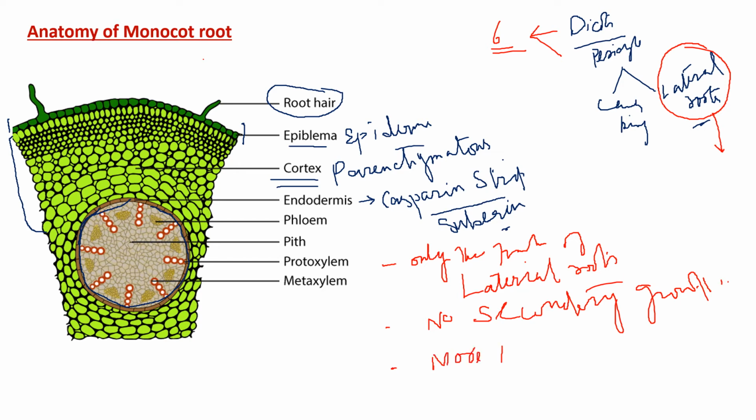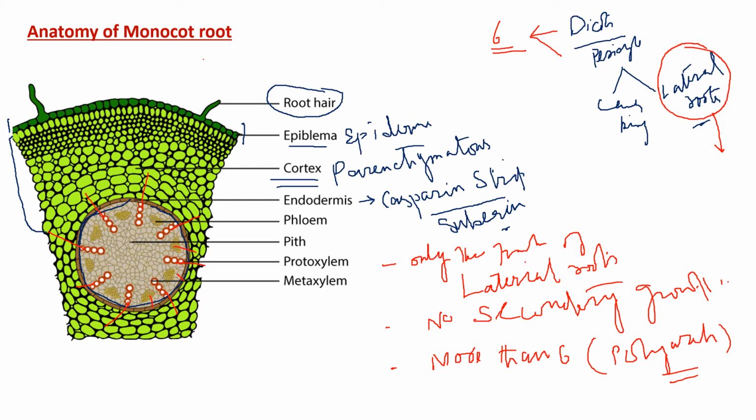In dicots, generally the number of xylem and phloem bundles was 4, known as tetrarch condition. Here it's more than 6, known as polyarch condition. For example, 1, 2, 3, 4, 5, 6, 7 and 8. Here we have 8 xylem strands and 8 phloem strands, so the condition is polyarch.